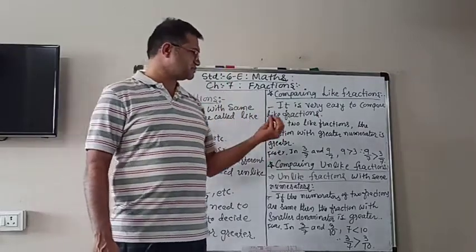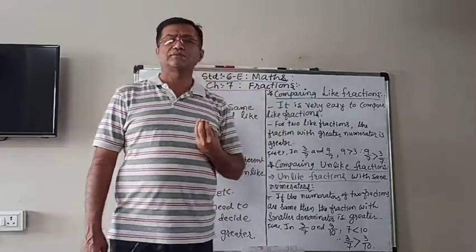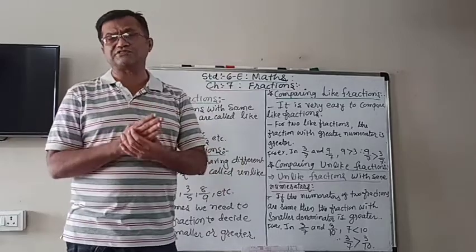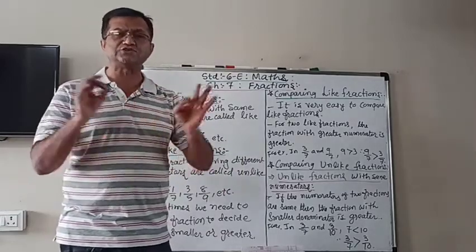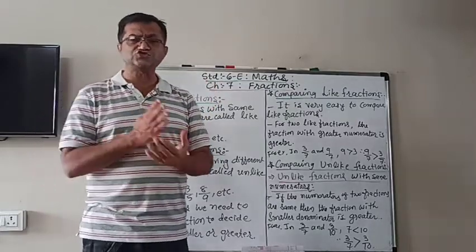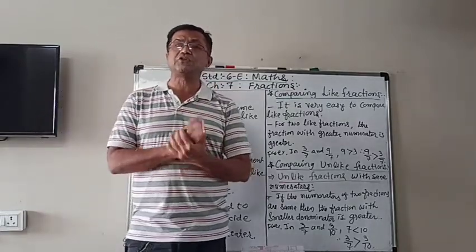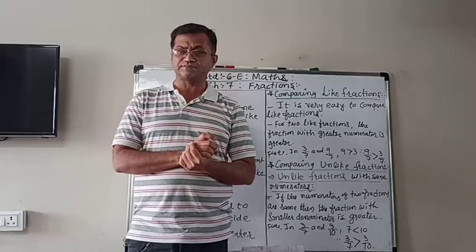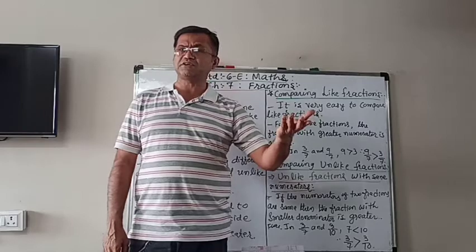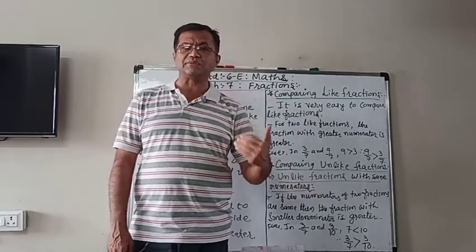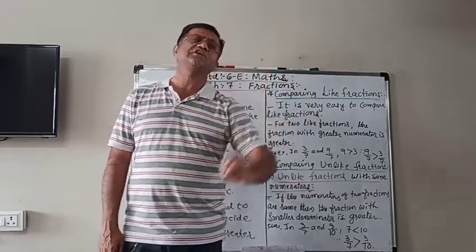So always equal denominator means like fraction. When the fractions are like fractions, it is very easy to compare. In this situation, what do we have to check? We have to just check the numerators. If the numerator is bigger than the other, then that fraction will be greater than the other fraction.